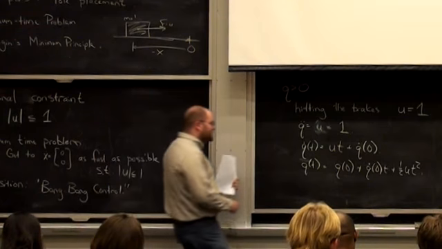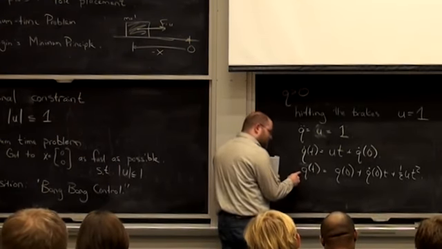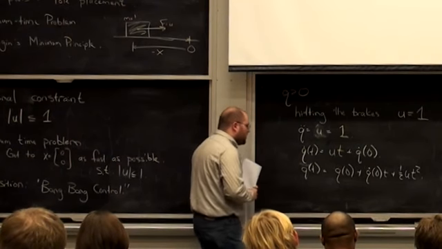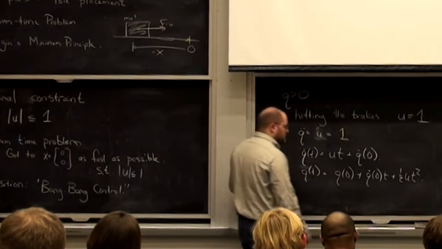Let's figure out, if u is 1, what trajectories are going to get me so that q at some t final, q of t and q dot of t are 0. Simple enough, a little manipulation.